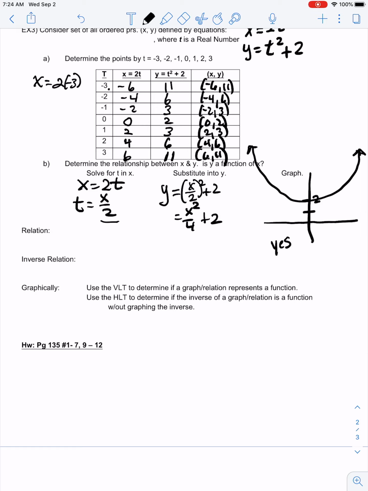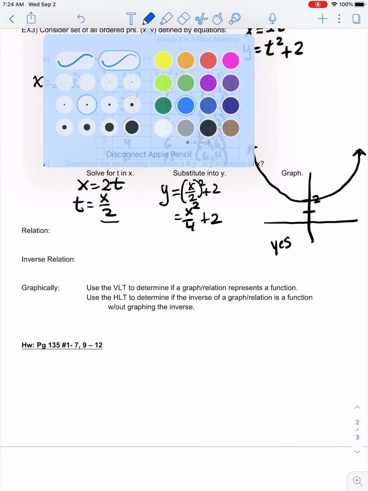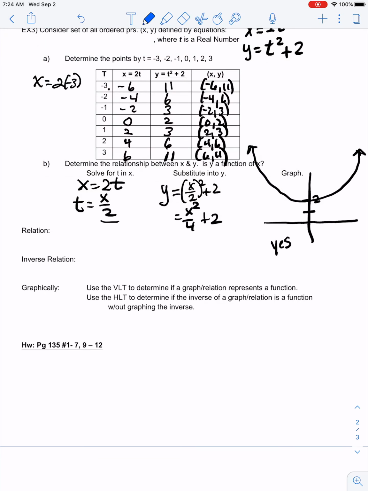Couple extra vocabulary words down here at the very bottom. Let's change up color because I like color. All right, so a relation. If we have the word relation, it's just a set of ordered pairs. Okay, so any set of ordered pairs, you could have a little set notation, you know, 2, 3, 4, 6, 0, -8, whatever the case is. Okay.